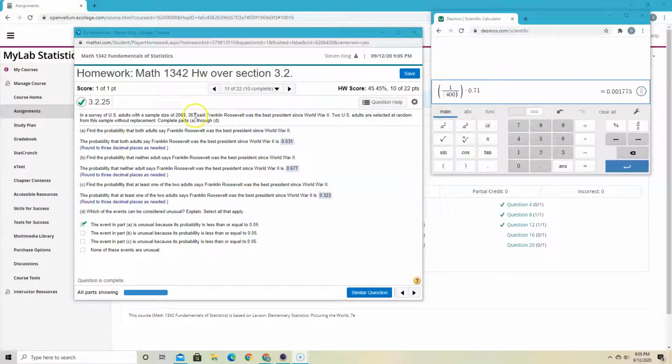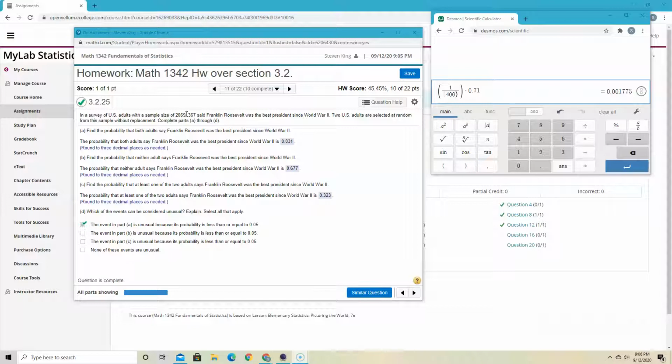Well, let's say they put their name on it, but now the data goes into the computer, and the computer takes the name off and only leaves the identification number. Now, we have 2,069 survey results that all have an individual identification number, which represents one of each adult in the 2,069.